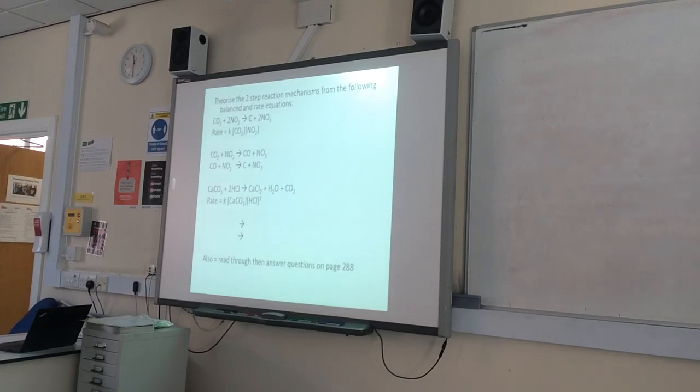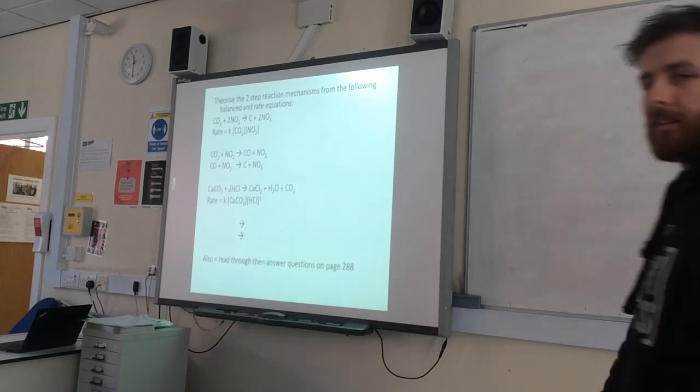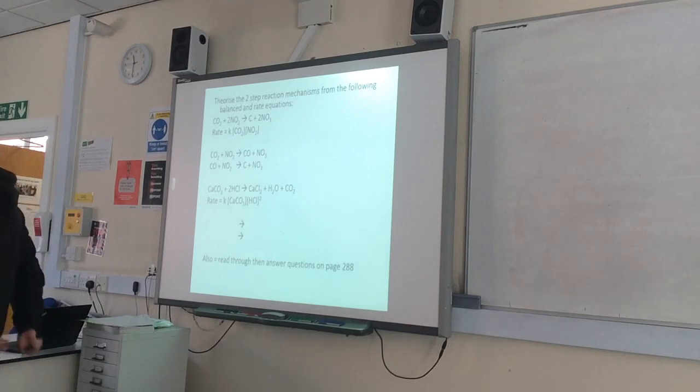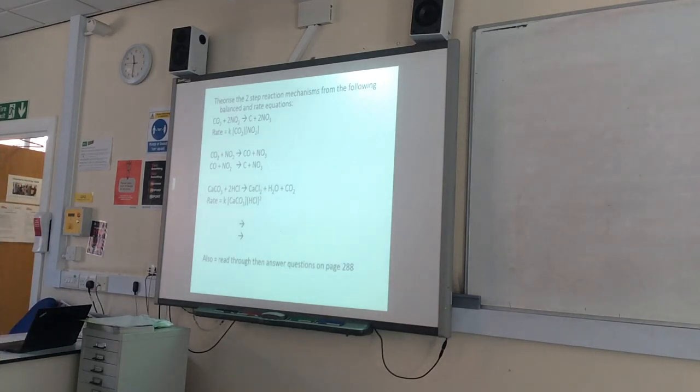Exactly, yeah. But you're getting there. So you've assumed that all products are in the second step. How do you do that? So that's what you do last. Before you can figure out what products are in the second step, you need to first figure out your intermediate and products in the first step.